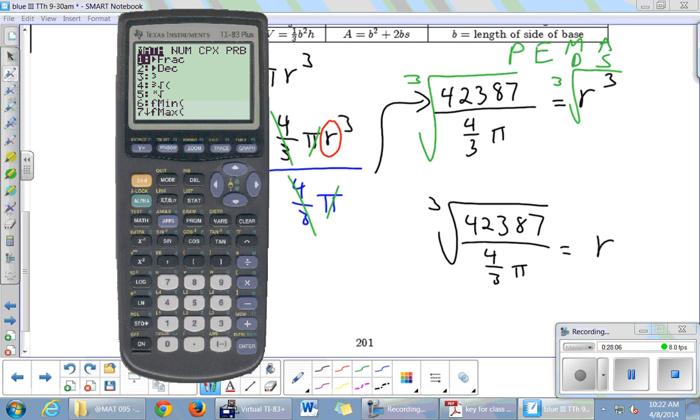Now you guys, I'll walk around in a second and help you find your cube root button, but that's where mine is. 42,387 divided by, the next symbol I type is really important. What's the next symbol? It's parentheses, because that 4/3 pi is one thing. So I need to tell the calculator that 4/3, 4 divided by 3, pi is one thing. Close parentheses, and I think whatever we get is going to be our answer.